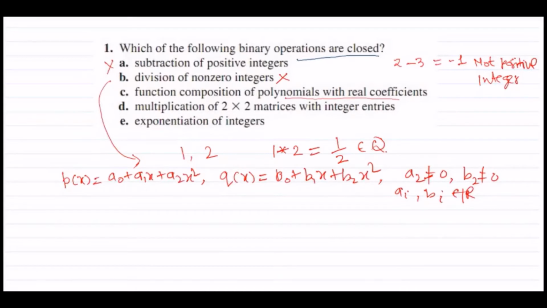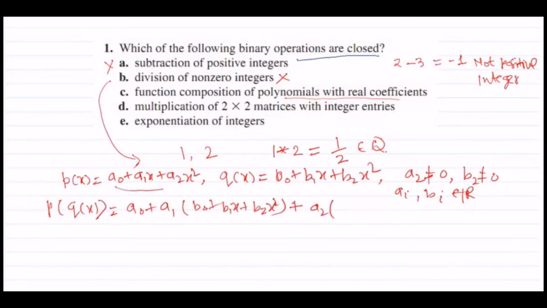So let us consider P of Q(x), the composition of these two. How can we write it with the definition? We can write a0 plus a1, and in place of x we need to write Q(x). So Q(x) is b0 plus b1x plus b2x square, plus a2 times (b0 plus b1x plus b2x square) the whole square.